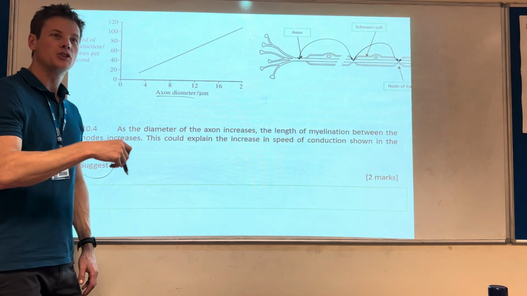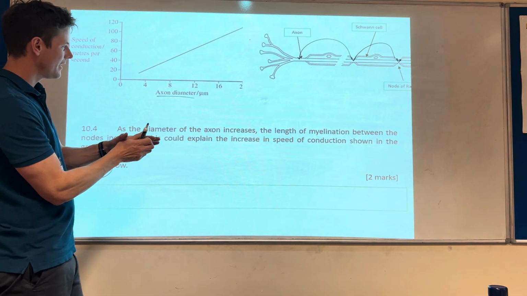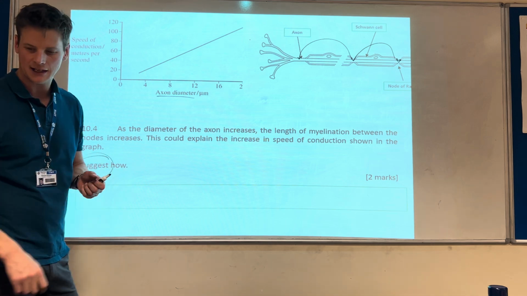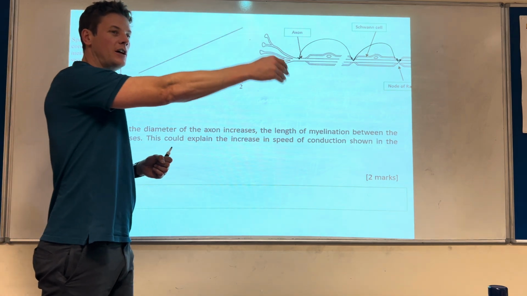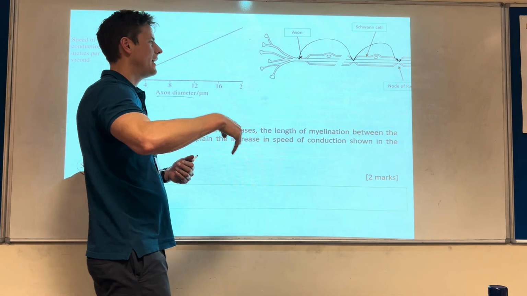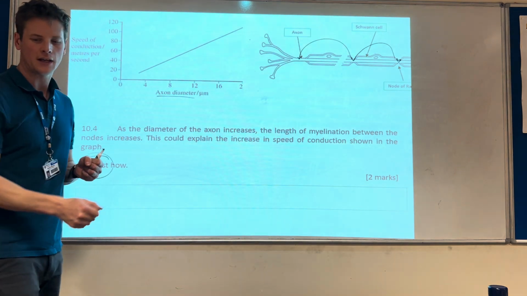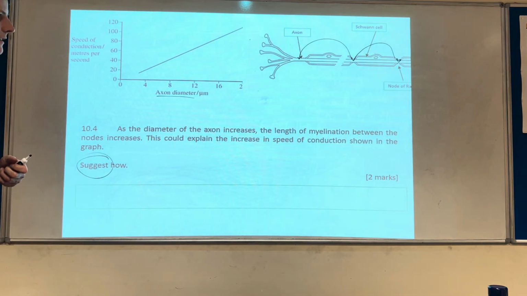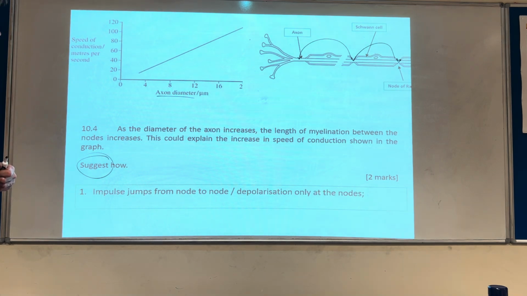The depolarizations jump from node to node. Well, if the myelination increases in length, it's going to jump further, and therefore the impulse will be transmitted faster along the neuron.